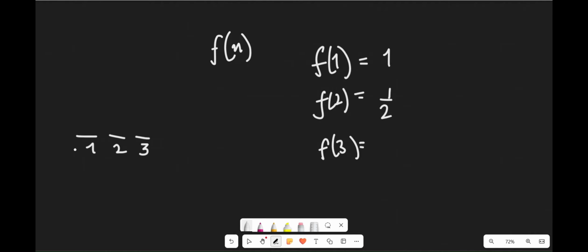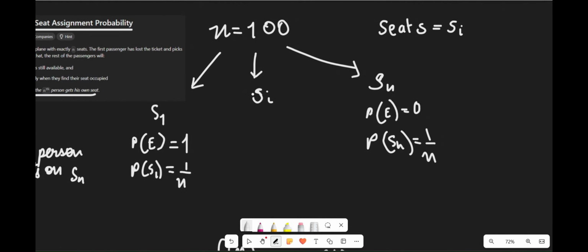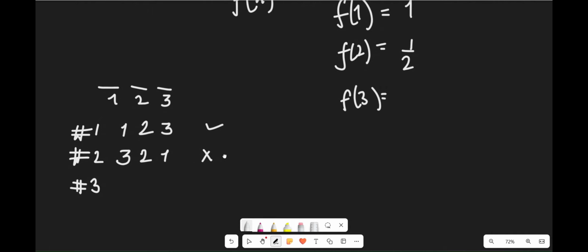The first case would be the first person sits on their assigned seat, the second person would go on the second seat, the third person would go on the third seat, meaning the third person sits on their seat. The second case would be the first person goes and sits in the last seat, and the second person would take their seat, and the third person would have to take the first person's seat. In this case, the third person does not sit on their own seat. These were the two cases that we discussed above, right? Now we have to look at when it sits randomly on some other seat.